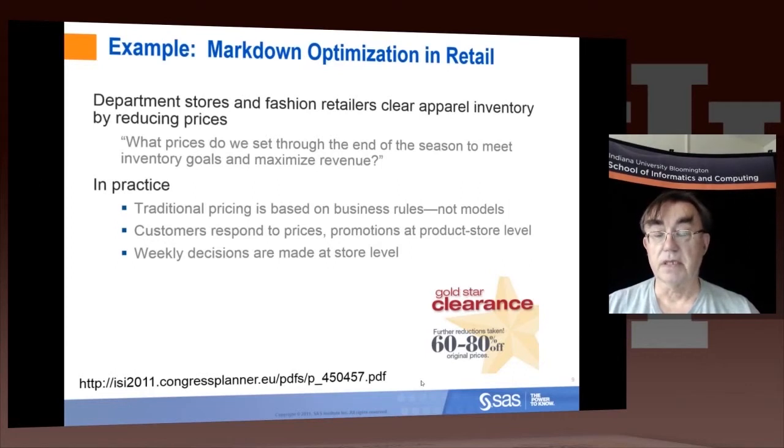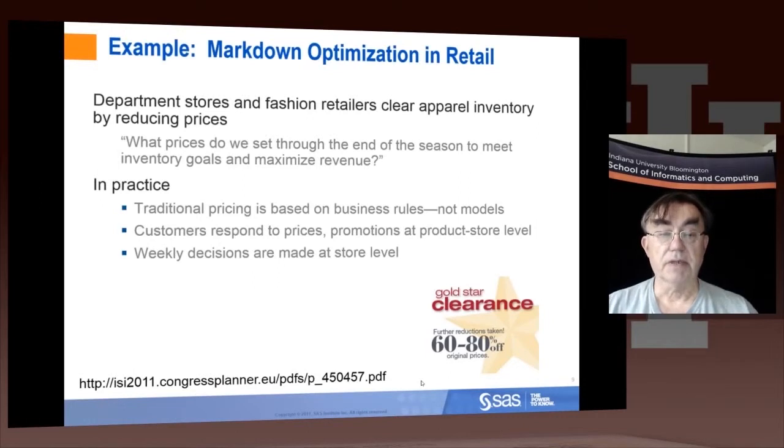You need obviously to make good profits. You need to always offer what the users want, which means you better get rid of the things they don't want. And so that requires a careful optimization in price. If you reduce the price too much, you lose too much money. If you reduce the price too little, you will not clear your apparel.